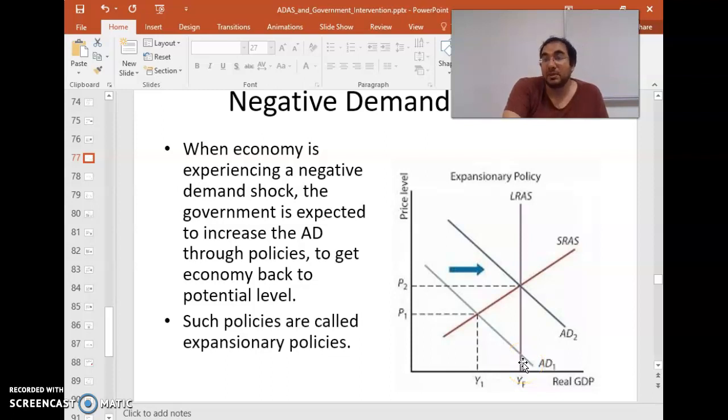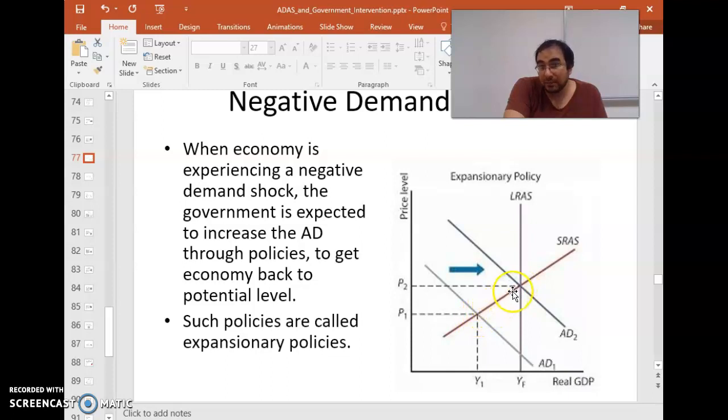If you want to make the return to the potential output level faster, you, as the government, might find a way to increase the aggregate demand level. The government may make AD shift from AD1 to AD2. At each price level, more output will be demanded, and as a result the AD curve will shift to a point along the short-run aggregate supply curve.